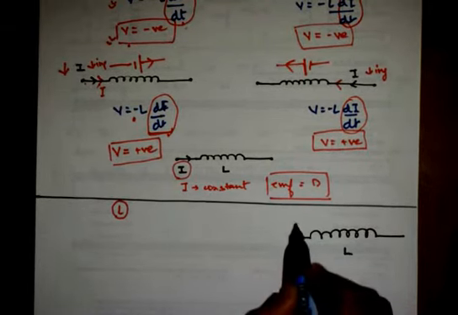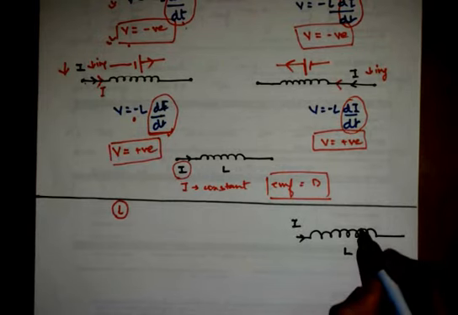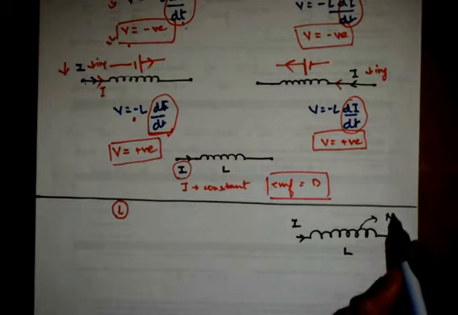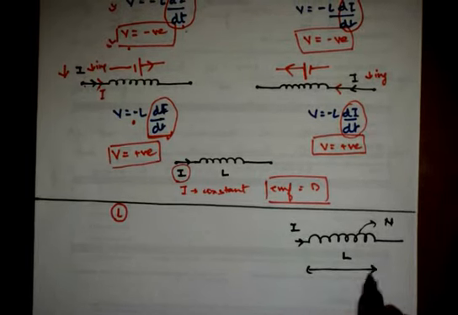Suppose this is a coil whose inductance is L and through which variable current I is flowing. Suppose the number of turns in this coil is capital N, and the length of this coil is L.